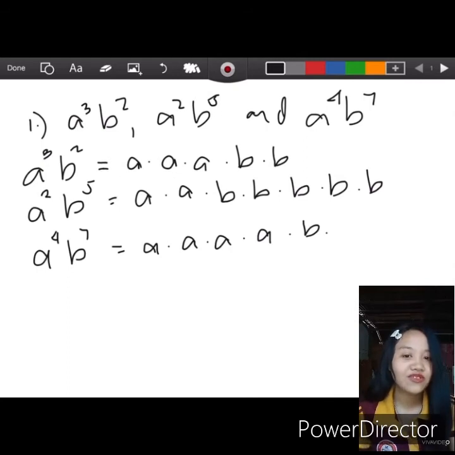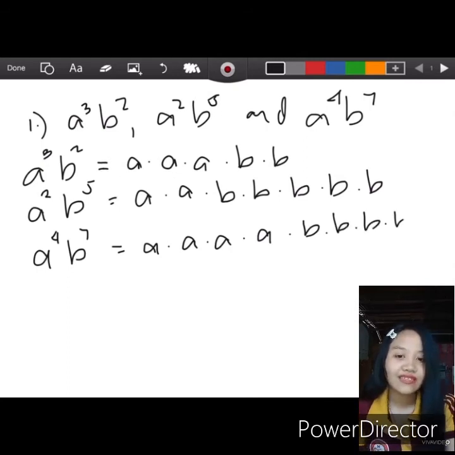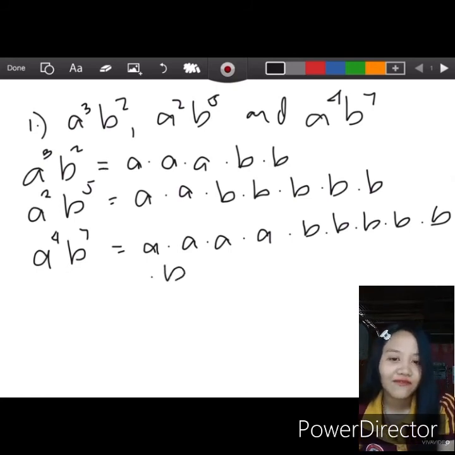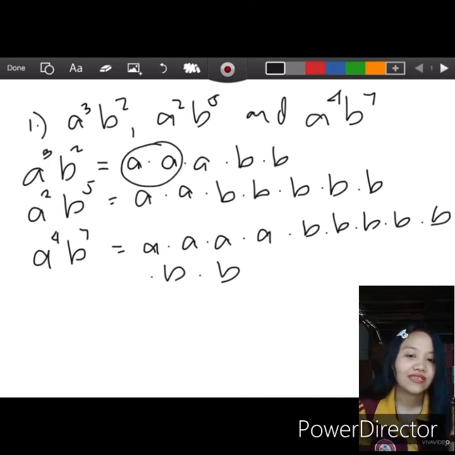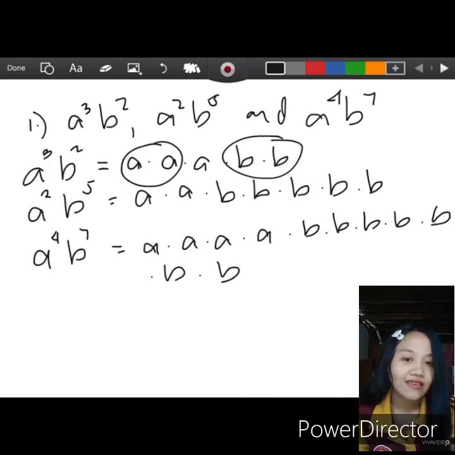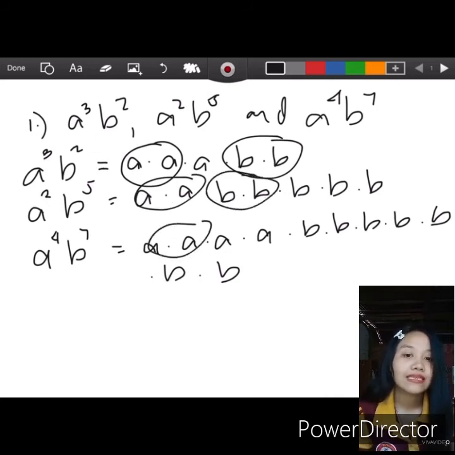So to determine its greatest common factor, we need to get the common terms among their factors. So for the first term, we have a times a times b times b, which is a squared times b squared. For the second term, we have a times a times b times b, which is also a squared times b squared.